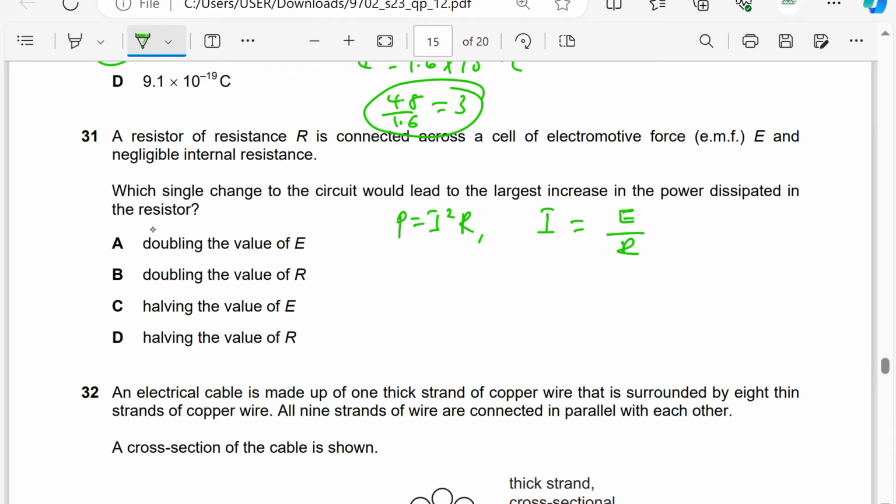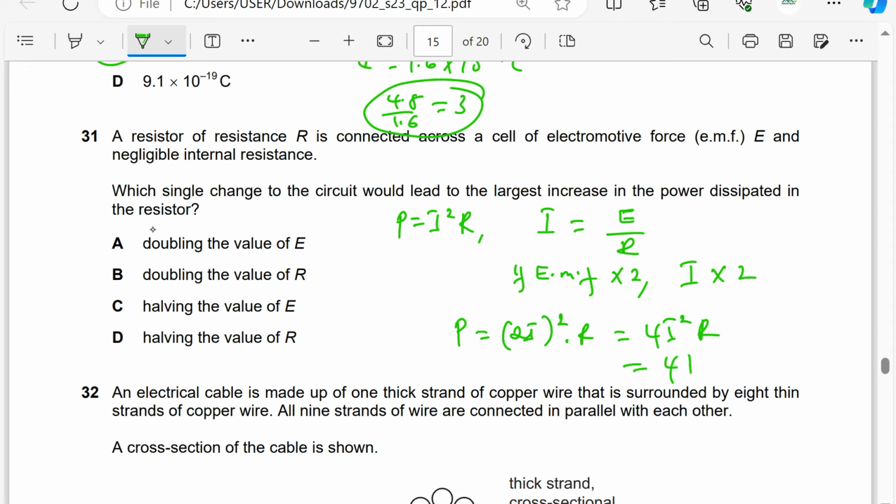If the EMF is doubled, then the current is also doubled. So the new power is (2I) squared times R, which becomes 4I squared R. So this is 4 times the first power.